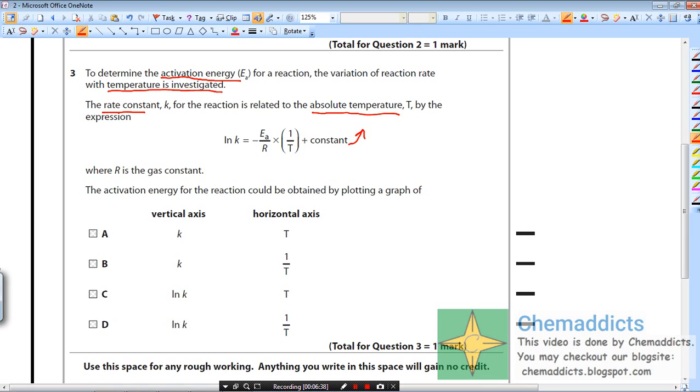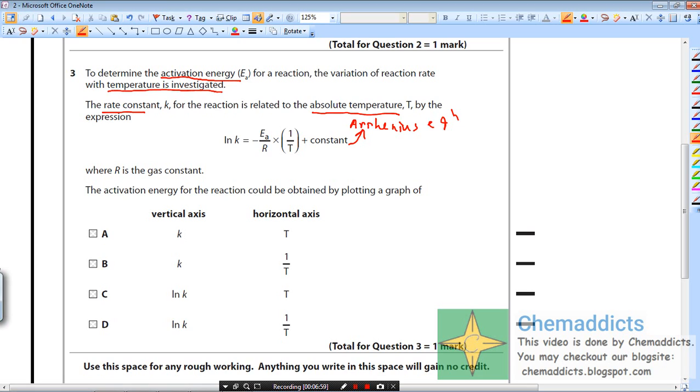Here is one thing that we need to know, that this is the Arrhenius equation. Now we're gonna deal with the Arrhenius equation.